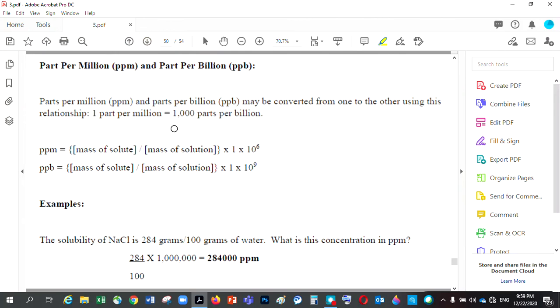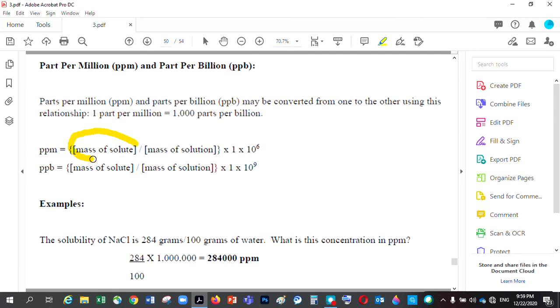Part per million and part per billion. Part per million is just you take part of a million, and part per billion is part of a billion, correct? And that's the way we can transfer each one of those here. So what is part per million?